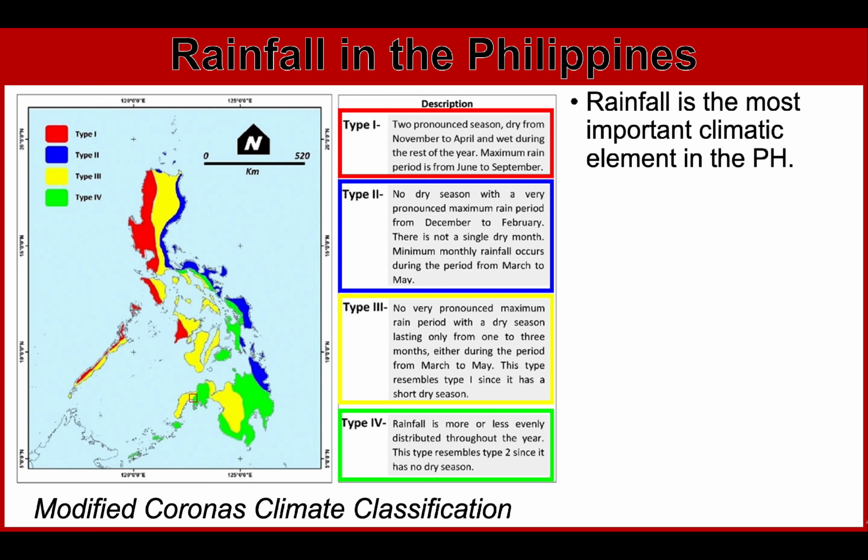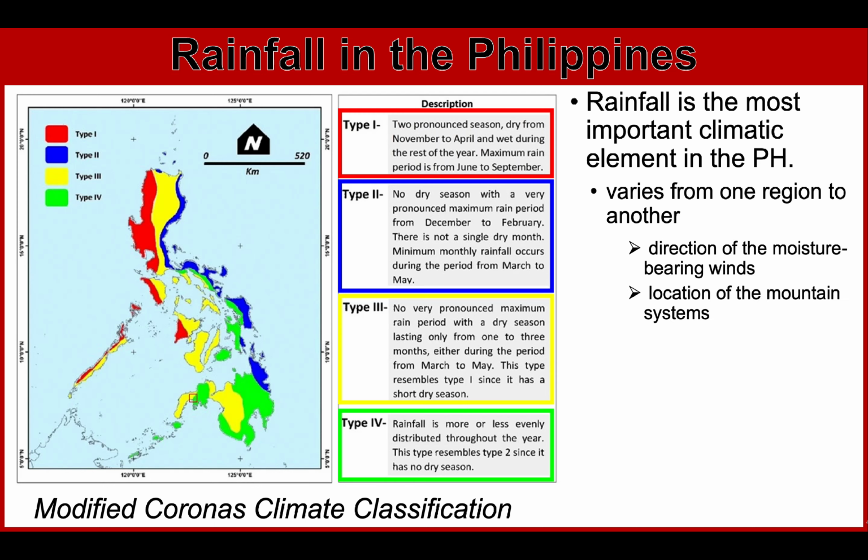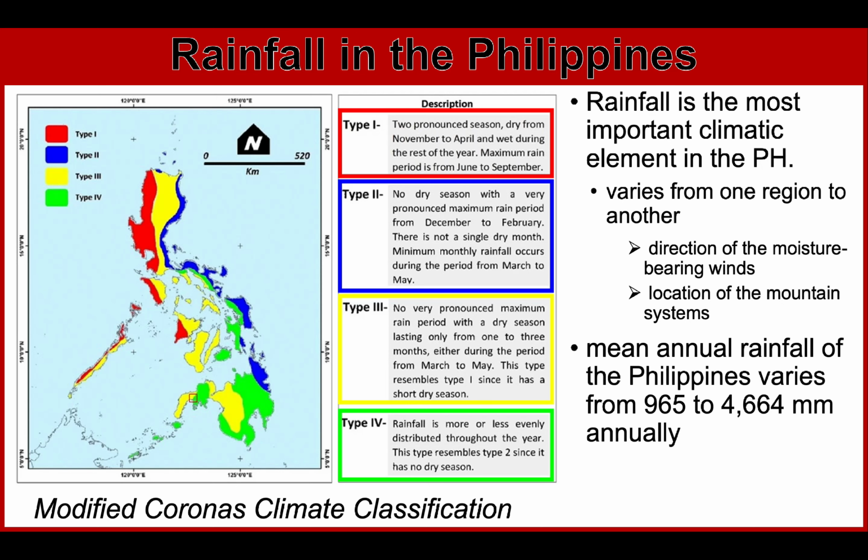Rainfall is the most important climatic element in the Philippines. So the distribution throughout the country varies from one region to another, depending upon the direction of the moisture-bearing winds and the location of the mountain systems. So the mean annual rainfall of the Philippines varies from 965 to 4,064 millimeters annually.